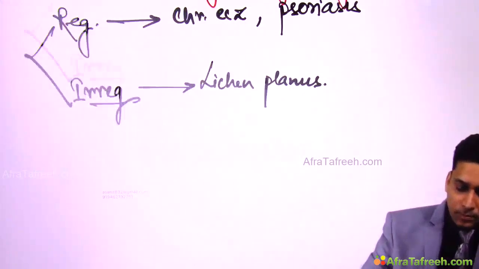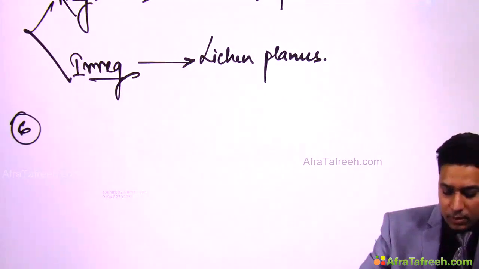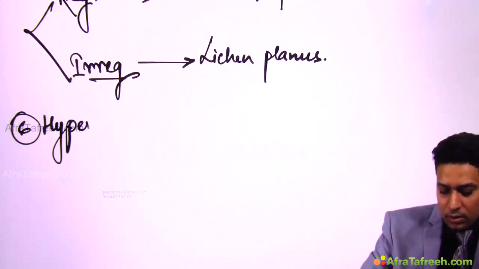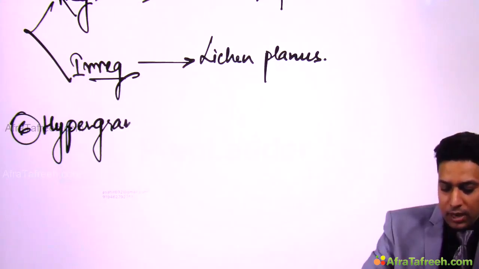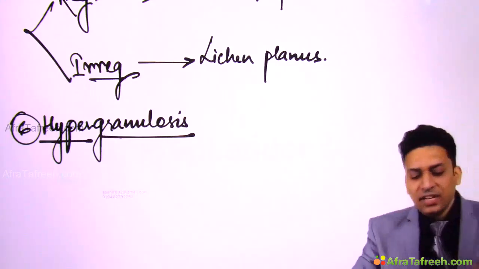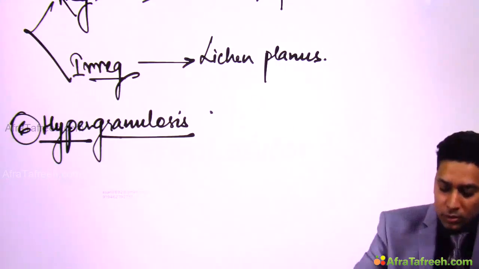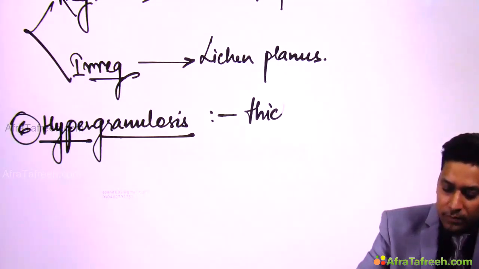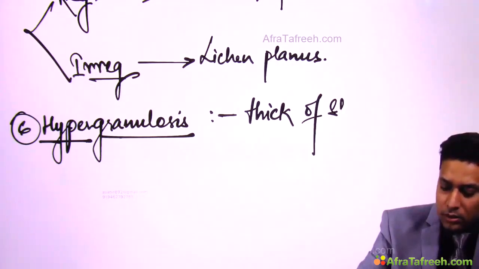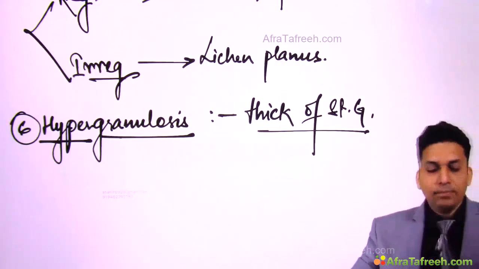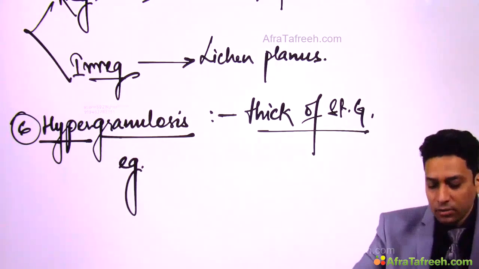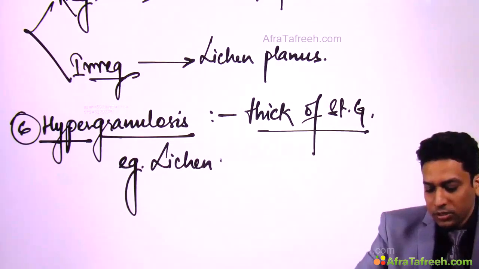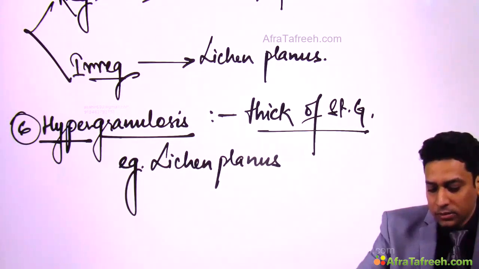Sixth is hypergranulosis. Hyper means excessive and granulosis is for stratum granulosum. So if there is thickening of stratum granulosum, that is known as hypergranulosis, and this thickening of stratum granulosum is usually seen in patients suffering from lichen planus.